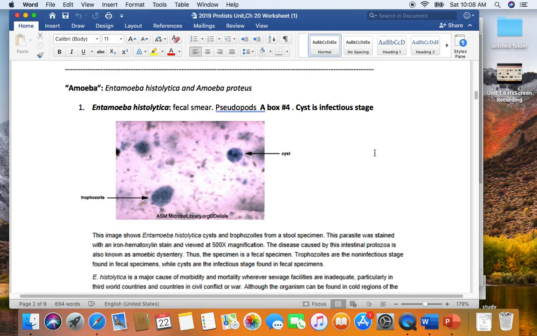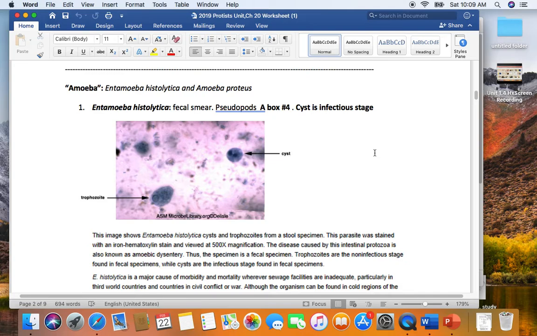With regard to diagnosis, you can take a fresh fecal sample and look for the trophozoites or the cysts in the fecal sample. You could do a scraping of the colonic ulcers via an endoscope and again look for the trophozoites. In addition, there's an immunoassay where you take feces from the patient and you run your immunoassay, which involves antibodies to the Entamoeba histolytica antigen.